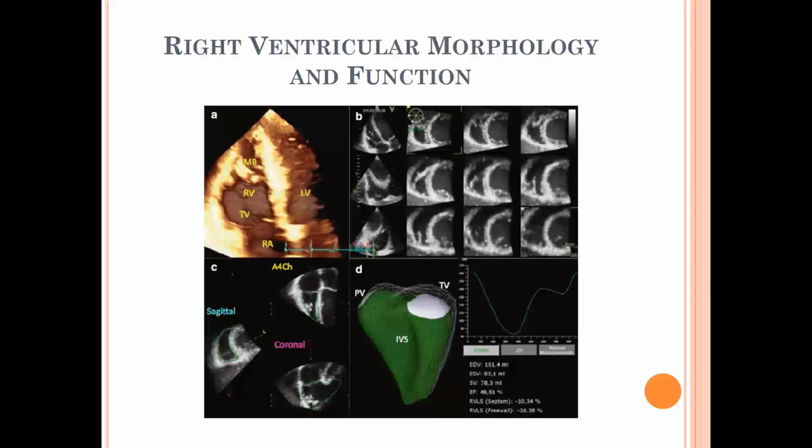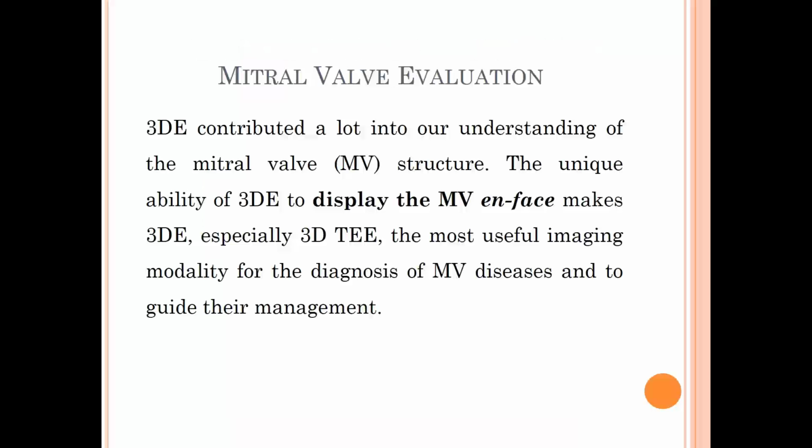This figure shows the display of the changes of the right ventricular volume during the cardiac cycle. Mitral valve evaluation is very important. Three-dimensional echocardiography contributed a lot to our understanding of the mitral valve structure because of the en face views we have, which are equivalent to the surgical views, to understand the mitral valve and its scallops.